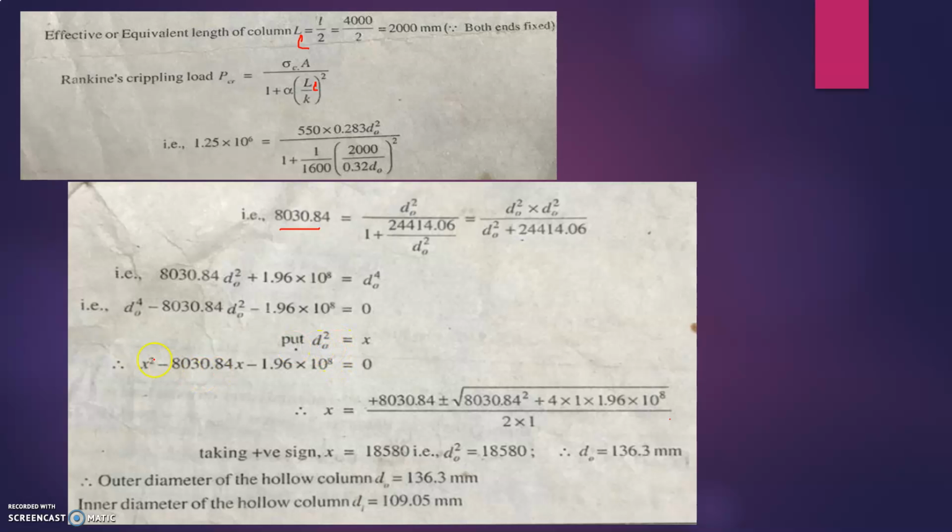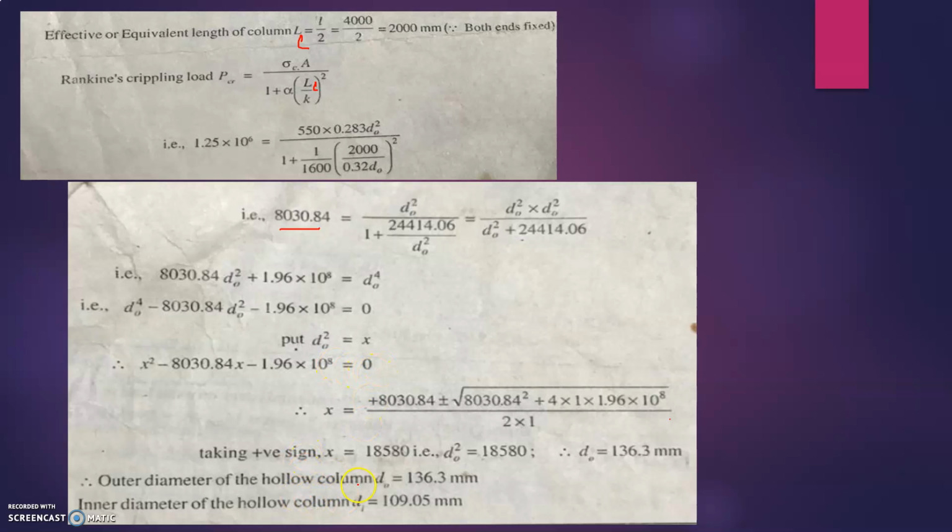Here d naught to the power 4 is d naught square whole square, so it becomes x square minus 8030.84 into d naught square, which is x, minus 1.96 into 10 raised to 8, equal to 0.